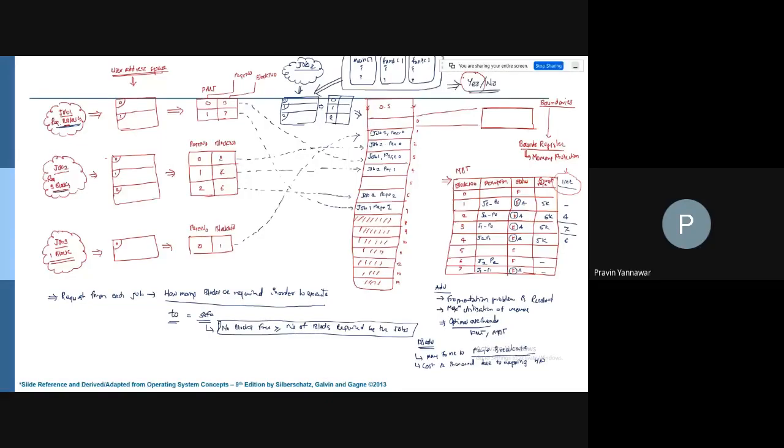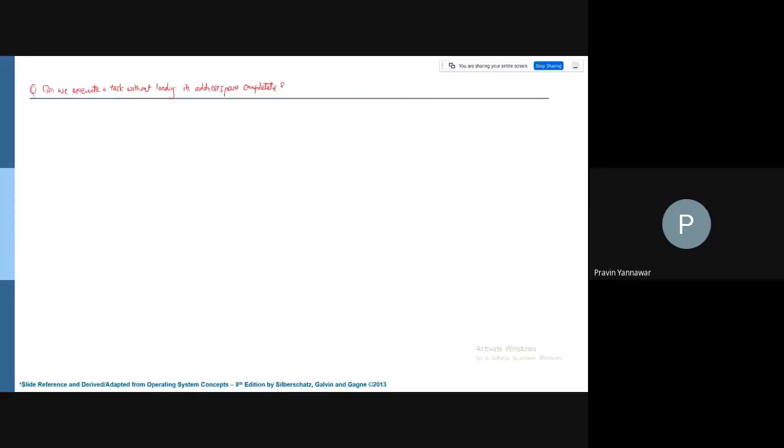The answer is yes. You can execute the job without loading its complete address space, right? So the answer to this is yes.